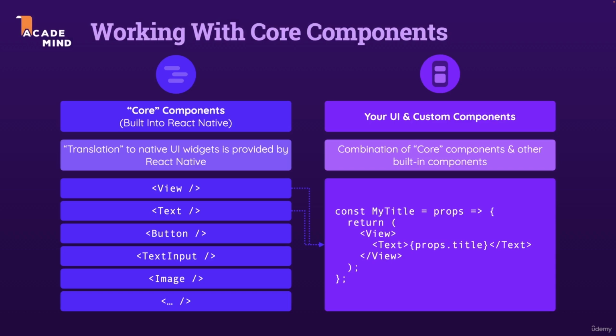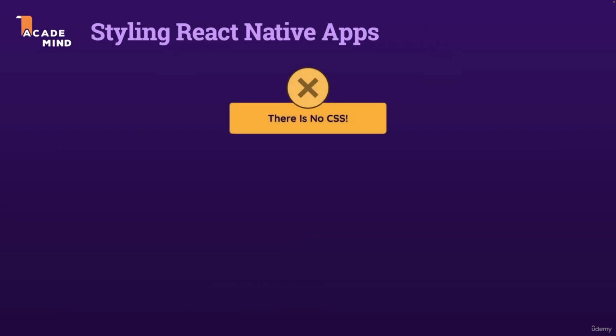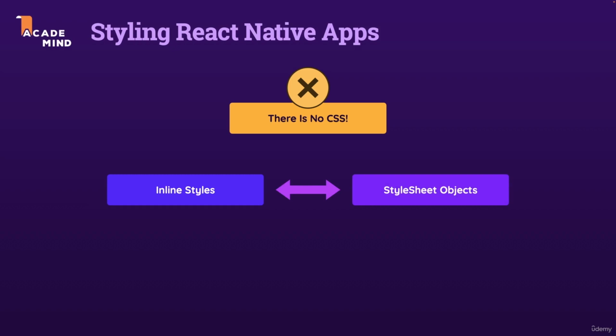Of course, another important aspect of building user interfaces in general is that you want to style those apps. And when using React Native, there is no CSS. You can't write CSS code because, again, it's not a browser, so the CSS language doesn't exist here. Instead, you can, of course, still apply styles, but you do this either inline, essentially by using props on those core components that are provided, or with help of these StyleSheet objects, or this StyleSheet object, which you already saw in the code before.